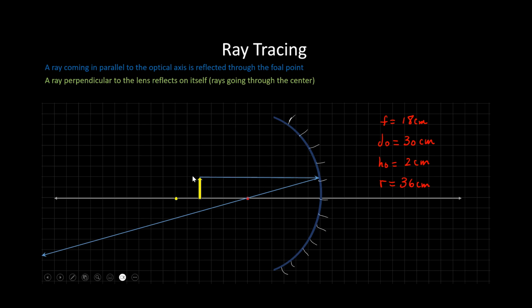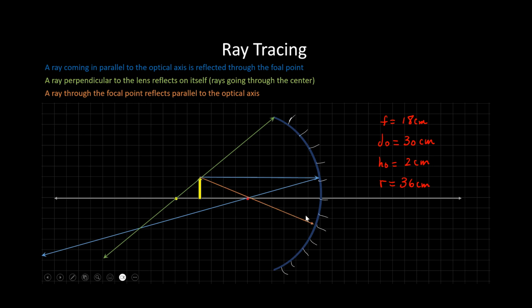Now, from basic geometry, any ray going through the center is perpendicular to the surface of the sphere. So any ray going through the center will hit the mirror and come back on itself. And then the third one, a ray through the focal point reflects parallel to the optical axis. So if I shoot a ray through the focal point, it hits and comes back parallel.